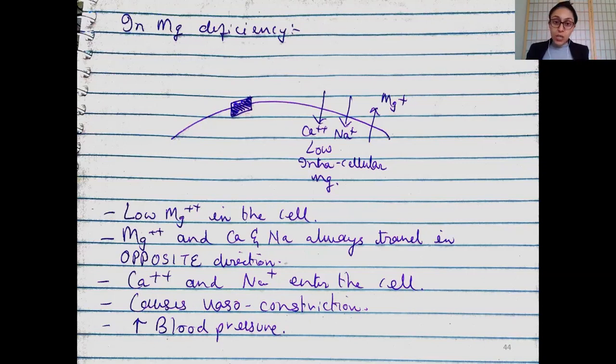So now when you have an excessive amount of calcium coming into the cell, remember, when you have an excessive amount of calcium and sodium entering the cell, what does this cause? This causes vasoconstriction. So it will narrow your blood vessels and this will increase your blood pressure.